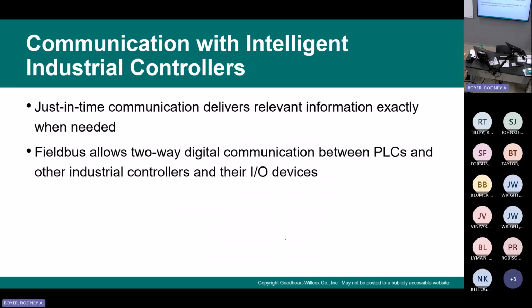Just in time, or JIT communication, delivers relevant information exactly when it's needed. And you can tell that this is a rather old slide because it says fieldbus allows two-way digital communication between PLCs and other industrial controllers and their I/O devices. This day and age, it is almost assuredly EtherNet/IP or Modbus.